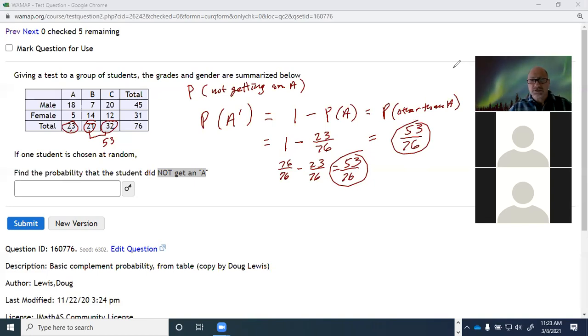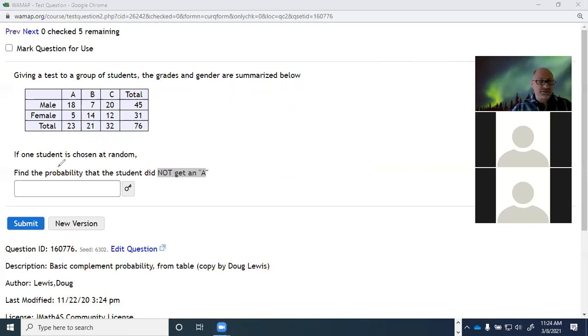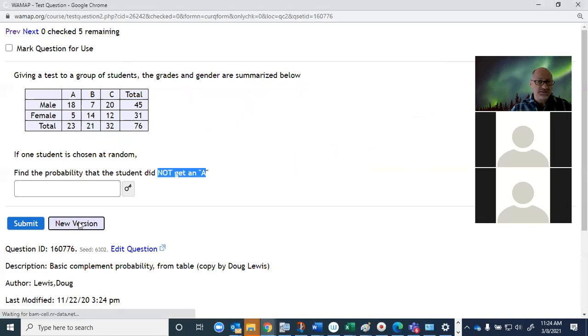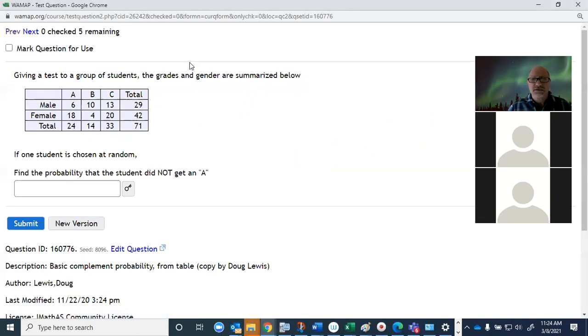So real quickly, let me give you a new version of this and ask you to do that for a few seconds. It shouldn't take but a moment. So again, two ways of doing this.